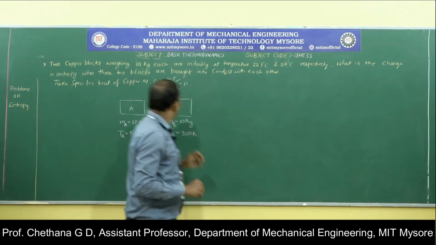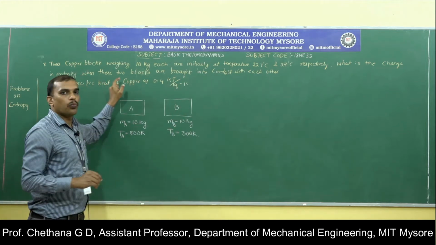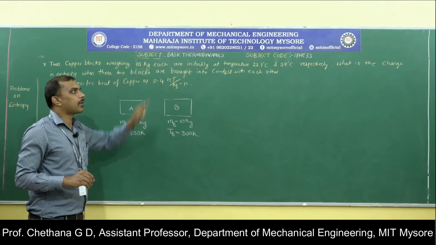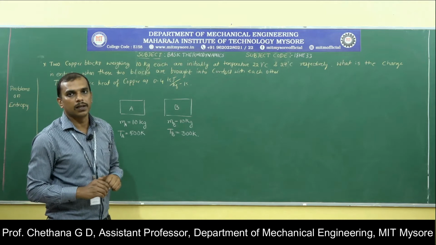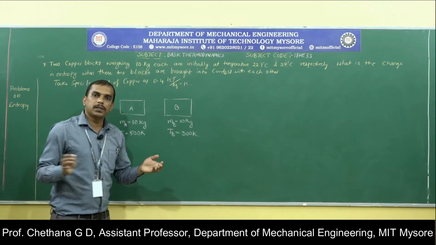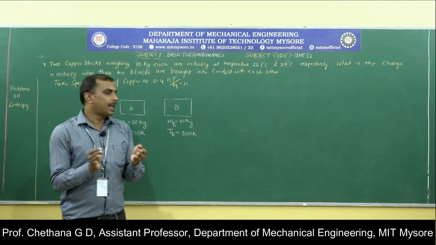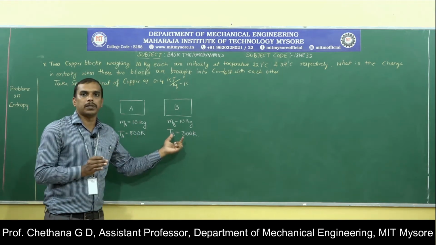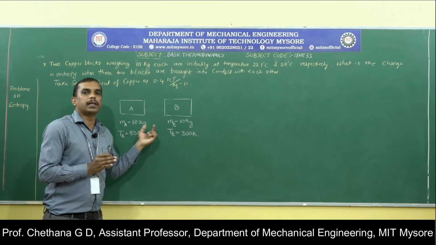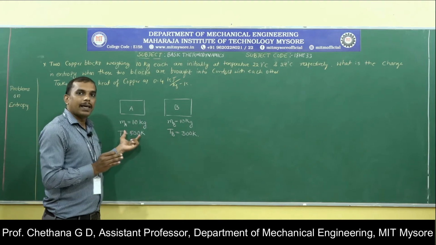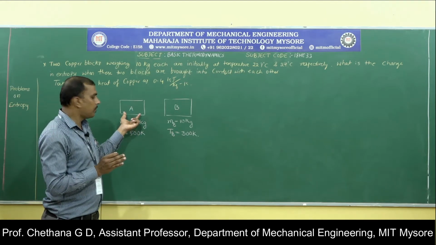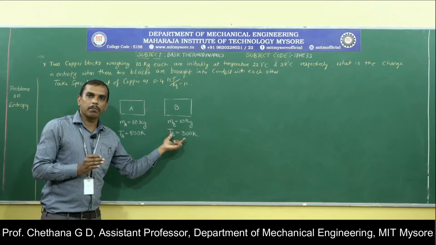What is the change in entropy when these two blocks are brought into contact with each other? Know that if these two blocks are brought into contact, there is a difference in temperature. Obviously there will be heat transfer from the higher temperature body to the lower temperature body.